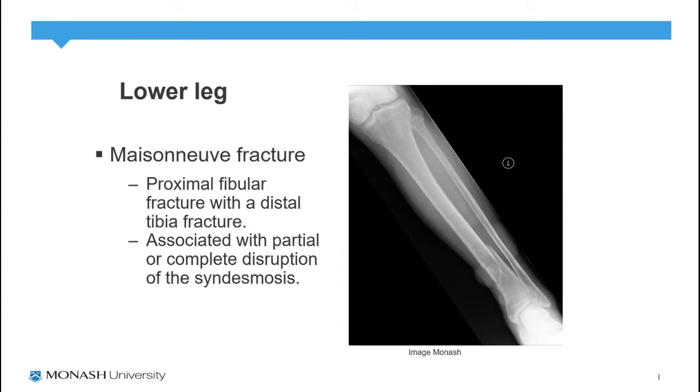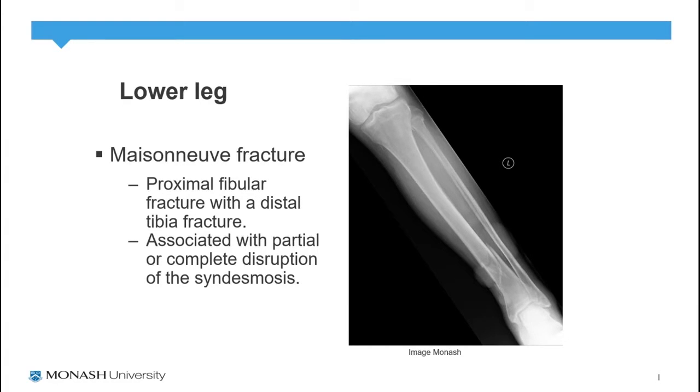Now in the lower leg, because of the ring-like structure, you could have a fracture which is named the Maisonneuve fracture. And if you look at this image, you can see that the tibia has got a comminuted fracture in the distal part of the tibia.